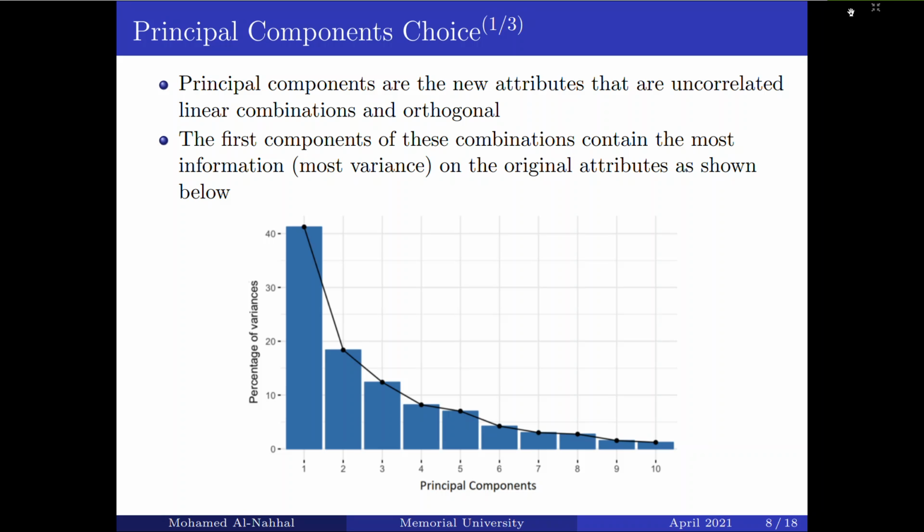Principal components choice. The principal components are the new attributes that are uncorrelated linear combinations and orthogonal. The first component contains the most information, meaning the most variance of the original attributes, as shown in this figure. As we see, the first component contains the highest percentage of variance, followed by the second, and so on.